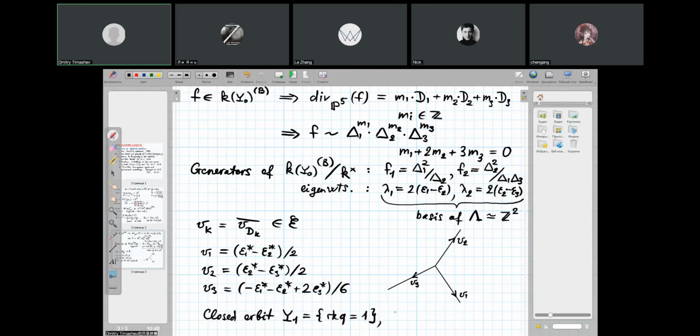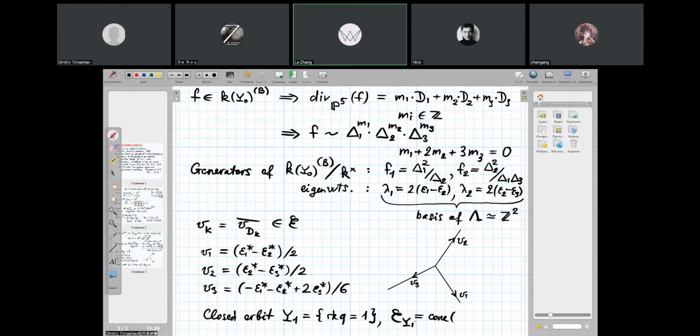And let me compute the colored cone corresponding to this closed orbit. So the colored cone is spanned by the vectors corresponding to B-stable prime divisors.